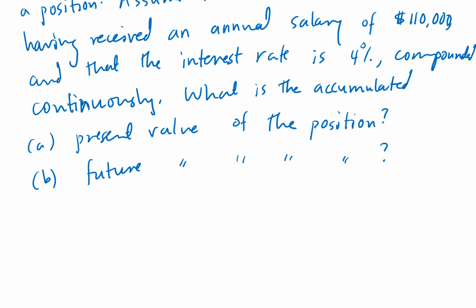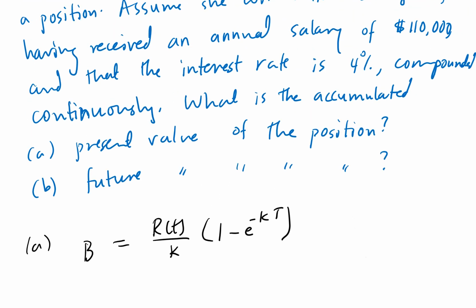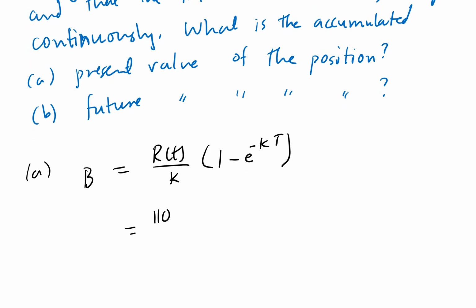Again, we just gave you a formula for the accumulative present value given by B equals r of t over k times 1 minus e to the negative kt, capital T. So the 110,000 is r of t, and the rate is given as 4%, so 0.04, 1 minus e to the negative 0.04.